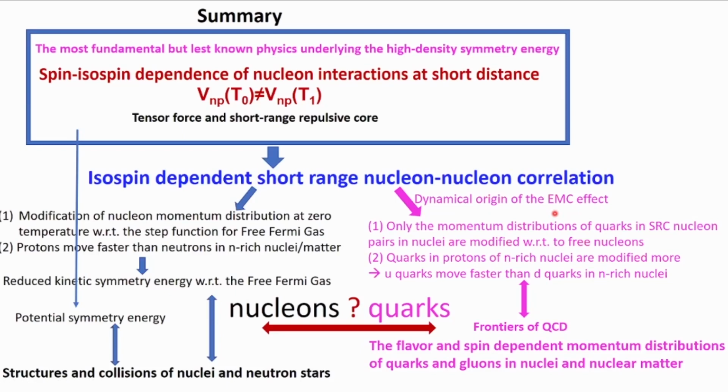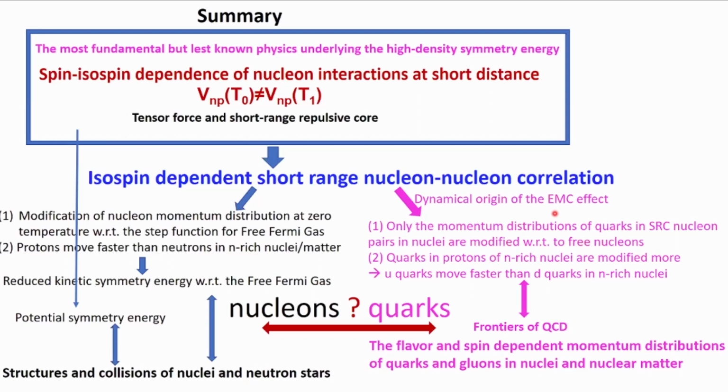Only in these pairs does the quark momentum distribution get modified compared to that in free nucleons. They also inferred that quarks in protons of neutron-rich nuclei are modified more, and the up quarks may be moving faster than the down quarks in neutron-rich nuclei.